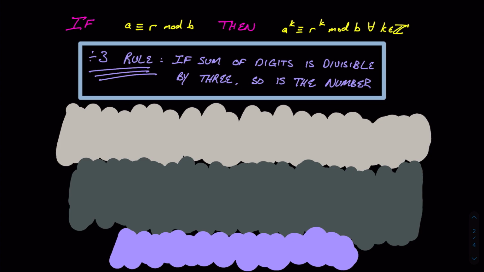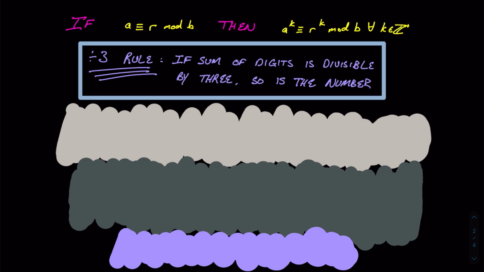So if we have some bigger number A, and we're trying to divide by a smaller number B, and that would give us a remainder of R, then we also know that if we take this number A, raise it to a certain exponent, and then try to divide by B again, the remainder is going to be the original remainder to the exact same exponent.